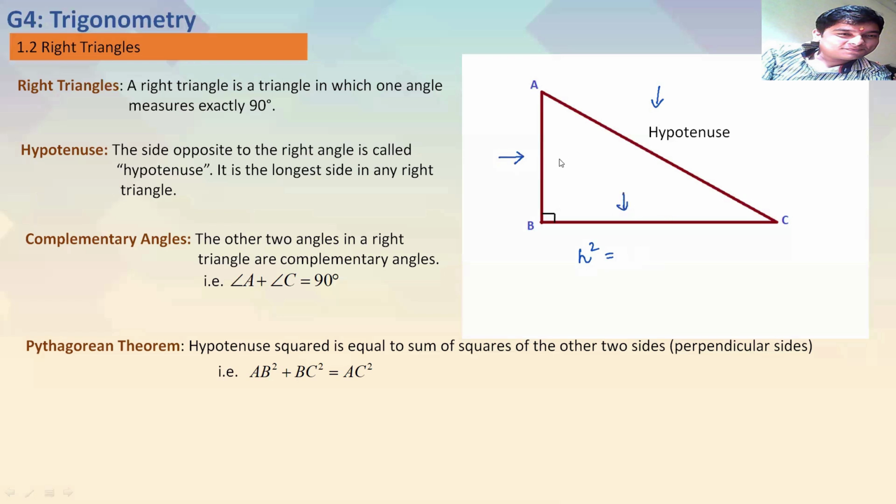So if we call this P, and this, let's say, B, then H square would be equal to P square plus B square. Any confusions in understanding this? No, I understand it. I already learned this one. Very good. Wonderful. So the Pythagorean theorem is the first thing that you need to understand over here.